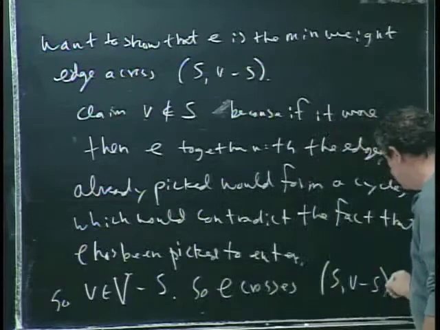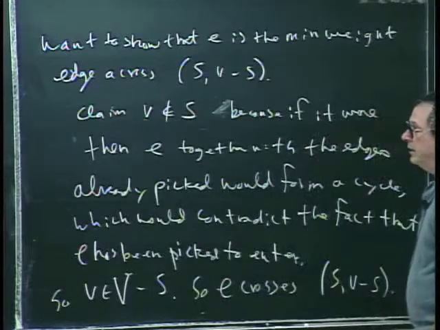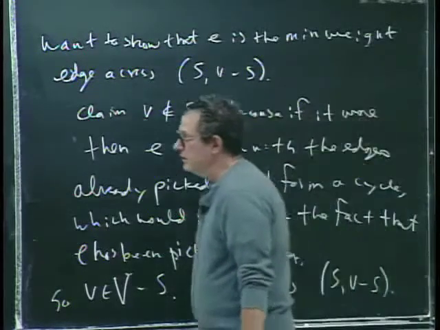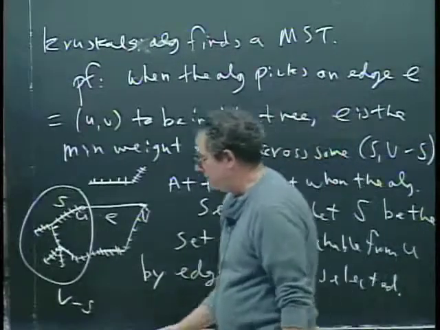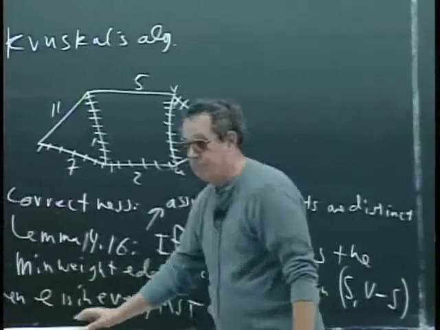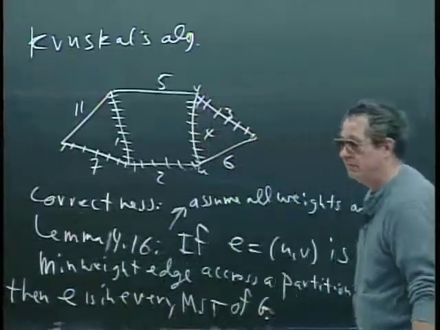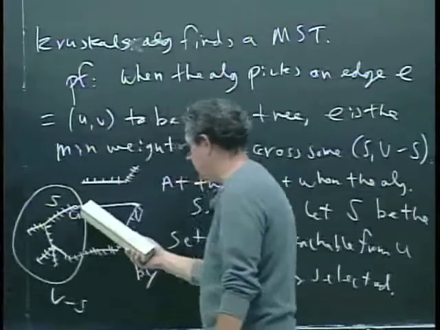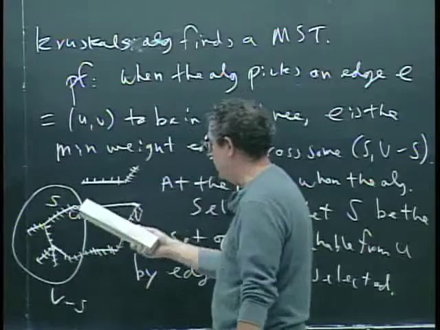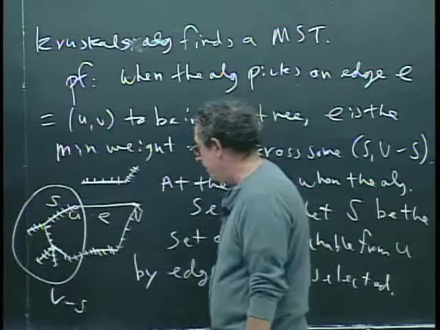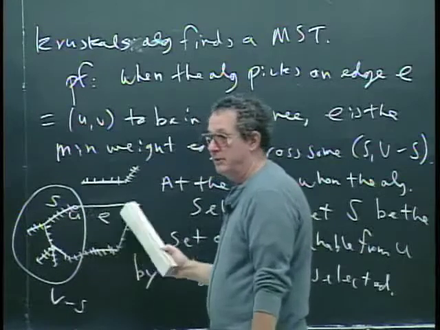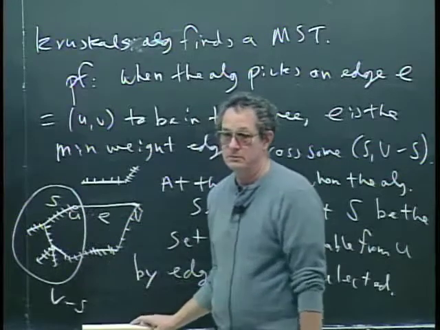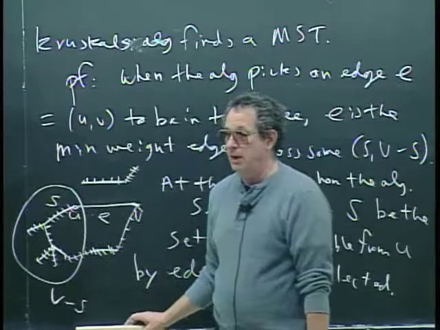Okay? Number one. Now, is there any other edge that has been picked so far, at the point when the algorithm does pick E to enter? Is there any other edge which crosses from S to V minus S? No. Why?